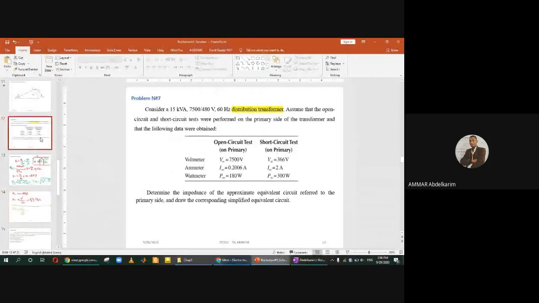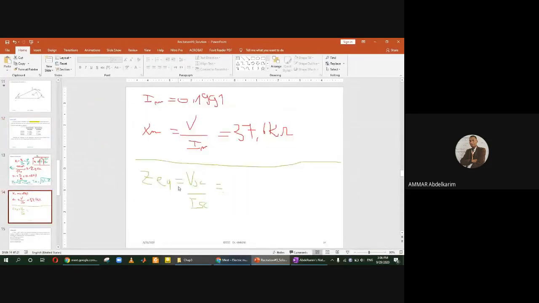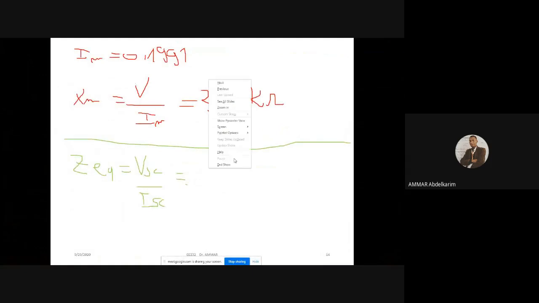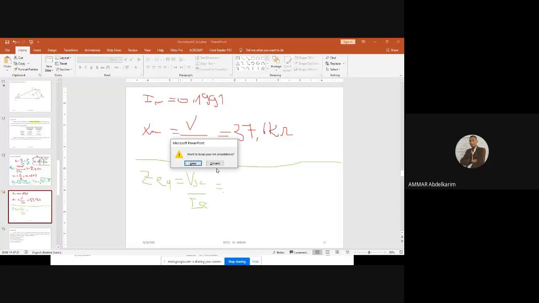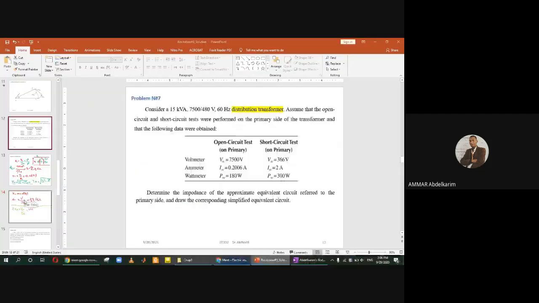V short circuit is 366 over 2. I need to print those problems.